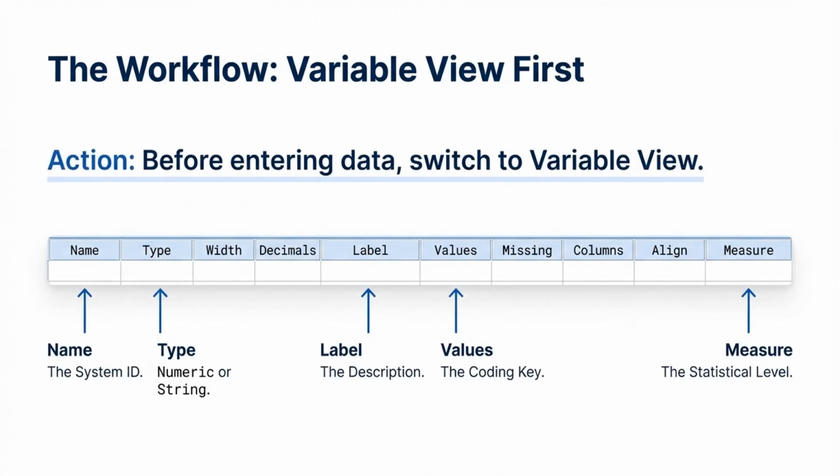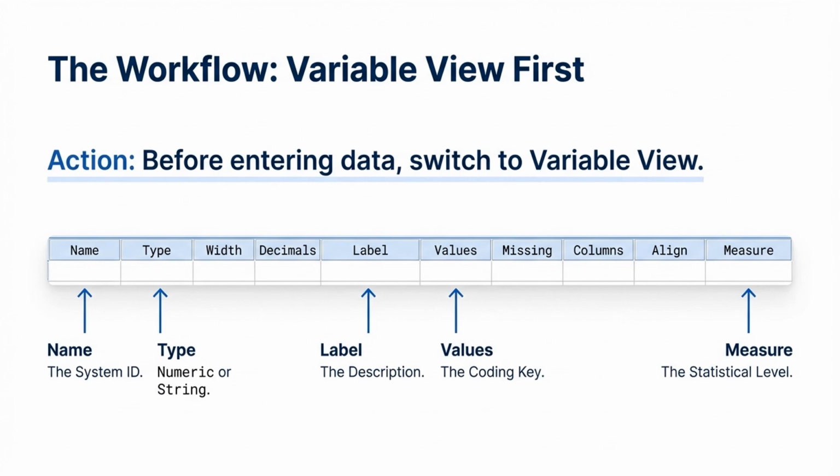First, we define or describe variable view. Before entering data, switch to variable view. The first property of the variable is name, the system ID, and the second one is type, numeric or string.